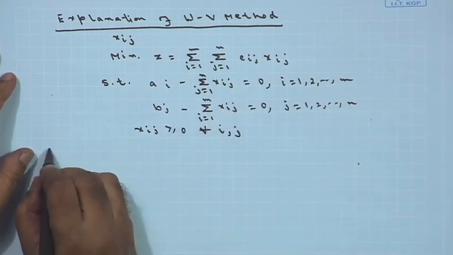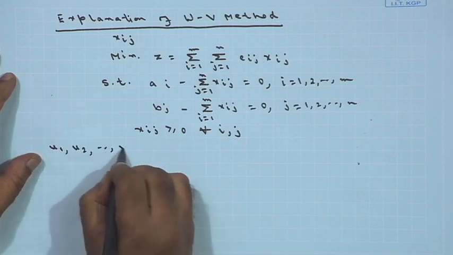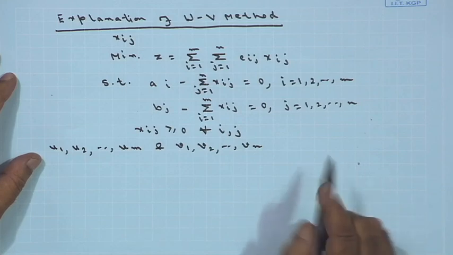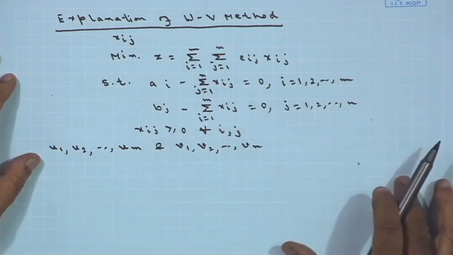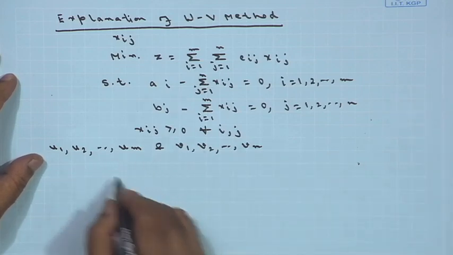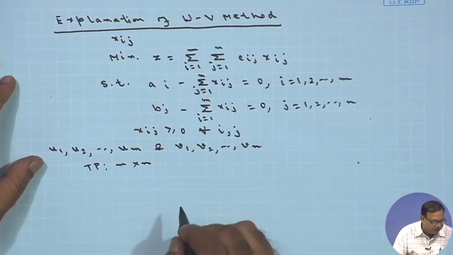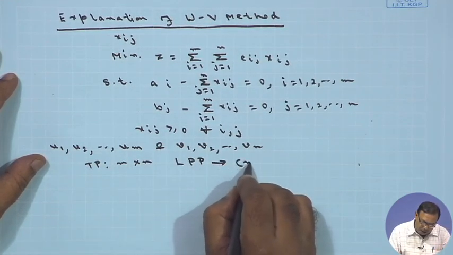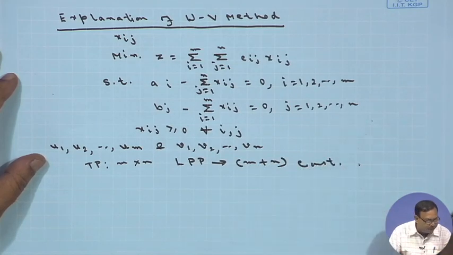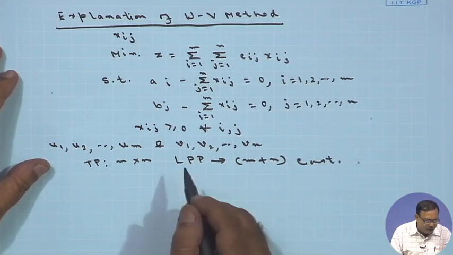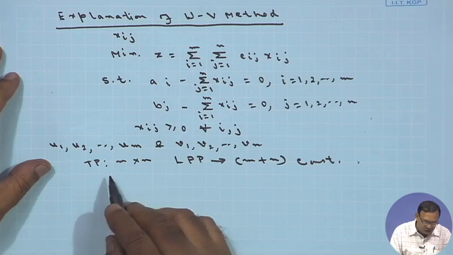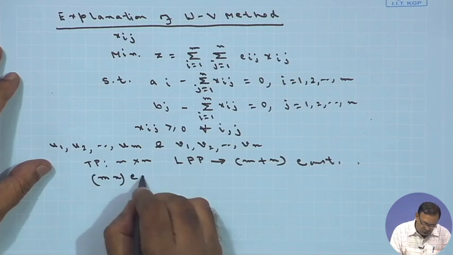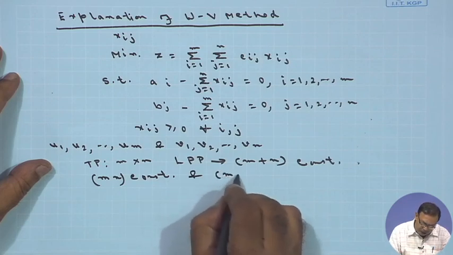Suppose I want to convert it into the corresponding dual. So, I am assuming u1, u2, ..., um and v1, v2, ..., vn are the dual variables associated with the source and requirement constraints. Since the transportation problem of order m cross n is an LPP with m plus n constraints, its dual will have m times n constraints and m plus n dual variables.